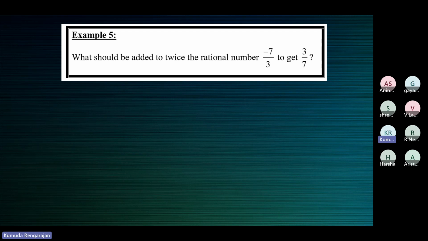Ma'am, I do not have the recordings for some formulas. I need the linear equations and exponents recordings. I'll share the playlist link so you can have access to all the recordings. I won't send you the recordings individually.